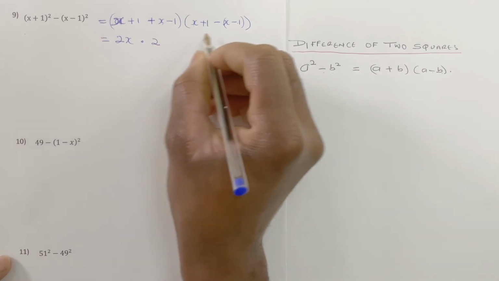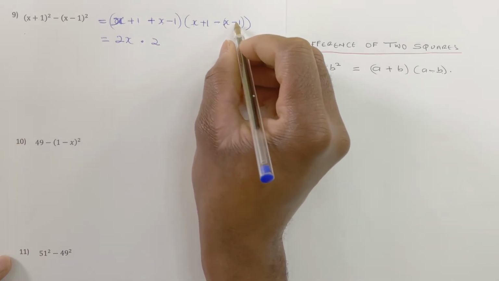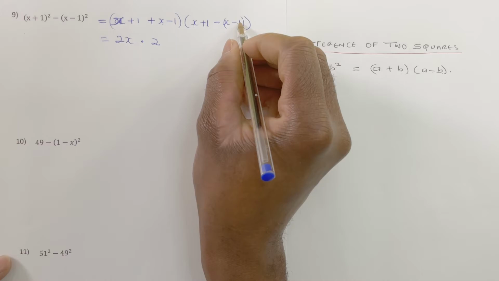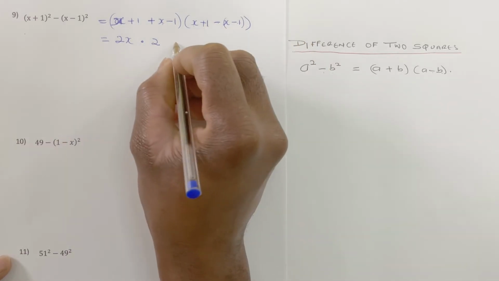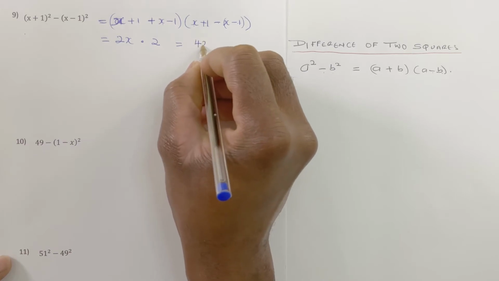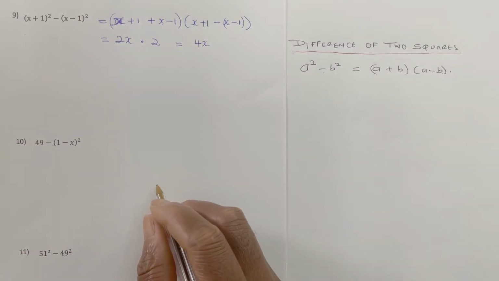So that will be times 2, because 1 times minus 1 is plus 1, 1 plus 1 is 2. And that will be equal to 4x. So that really should be 4x.